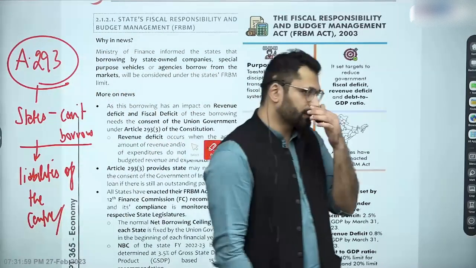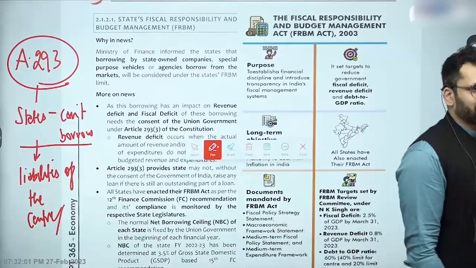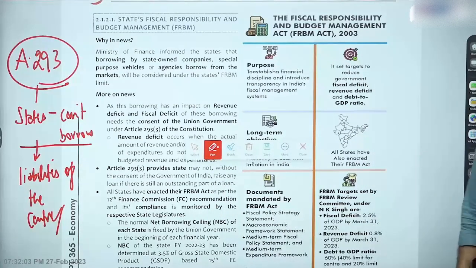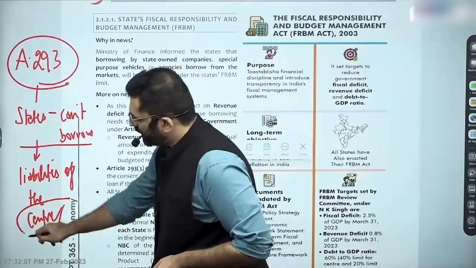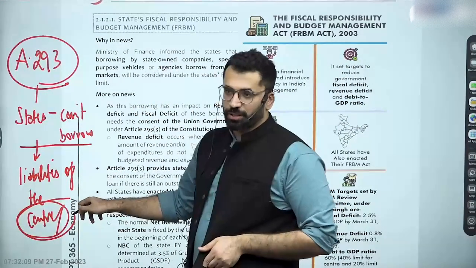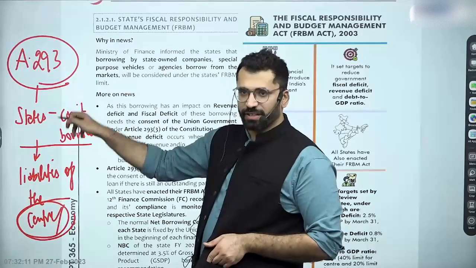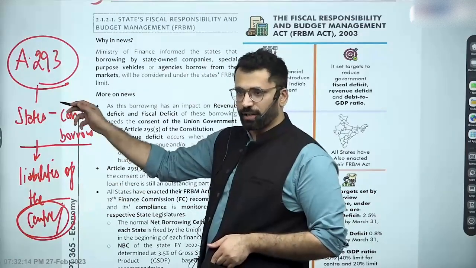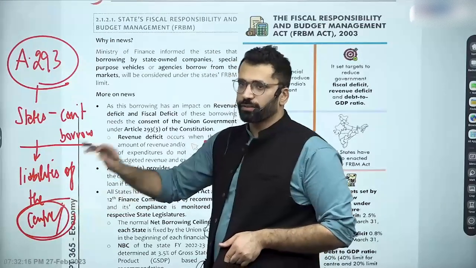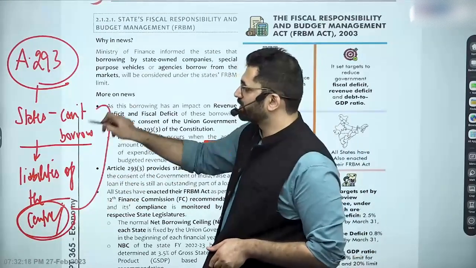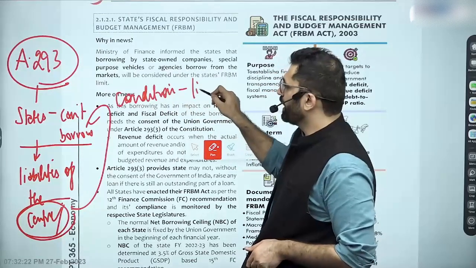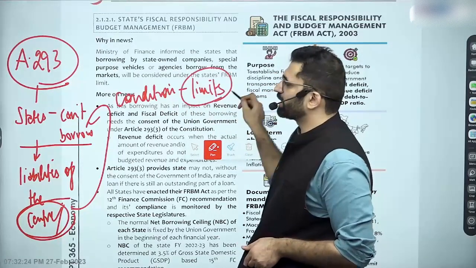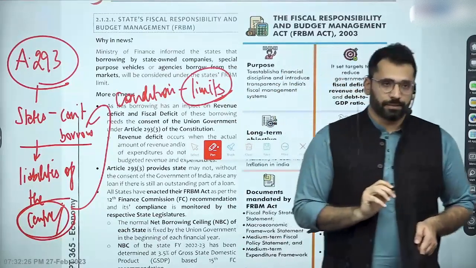This is a condition given in the constitution, that states cannot borrow from any source if they have taken certain money from the center. So every year they have to take permission from the center on their borrowings, because every state is indebted to the center. They have taken some form of loans from the center, so the center decides the conditions for this borrowing. Both the limits and the conditions are decided by the center.